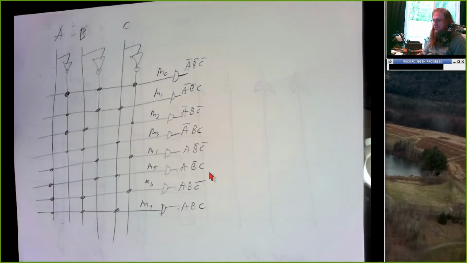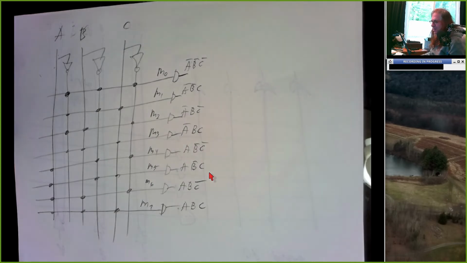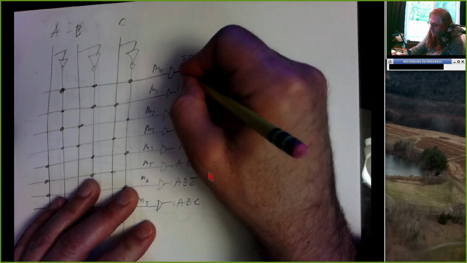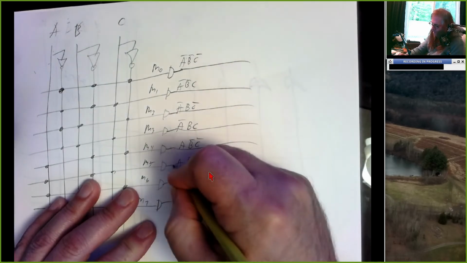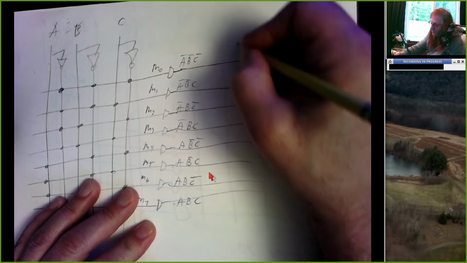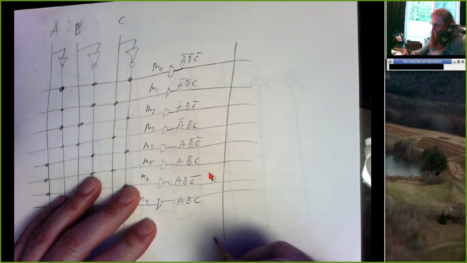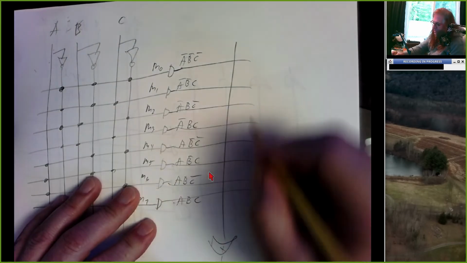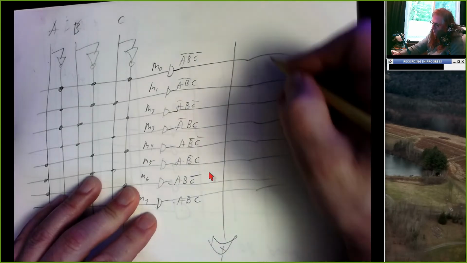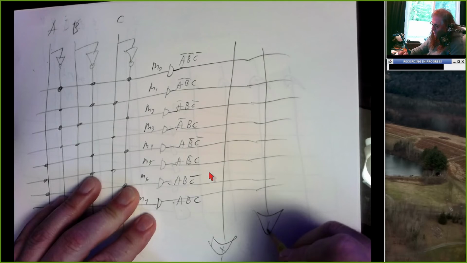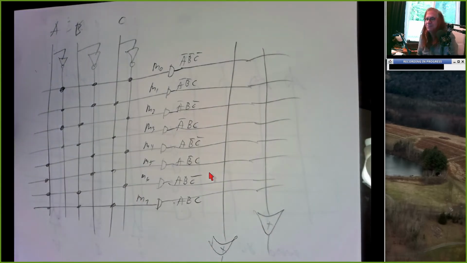So in a PROM, the AND plane is hardwired to generate every possible min term of the inputs. And we know from our work with sum of products that we can write any equation as a sum of min terms. So even though we can only program the OR plane, that's sufficient to let us represent any function that we want.